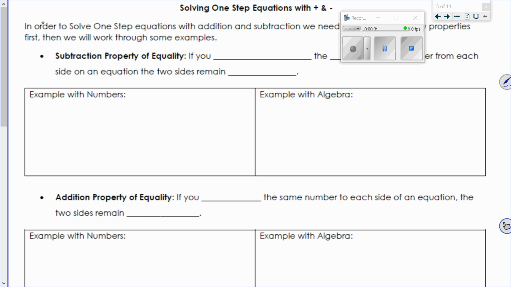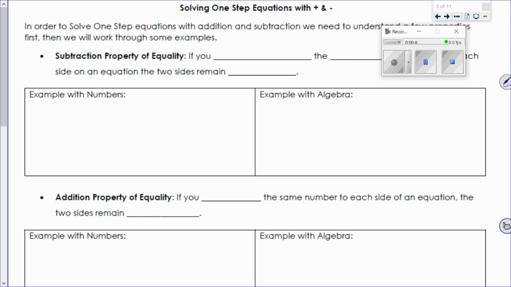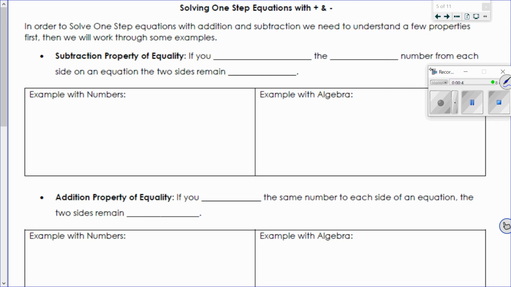In order to solve one-step equations, we'll give you a little method for doing it in a short bit here. But we need to understand a few properties, and then we'll work through some examples. Our first property is the subtraction property of equality.